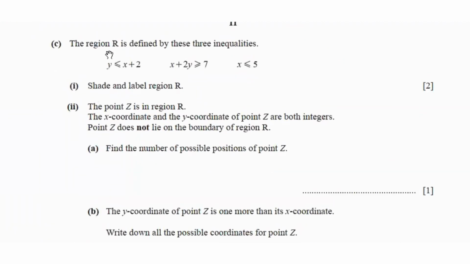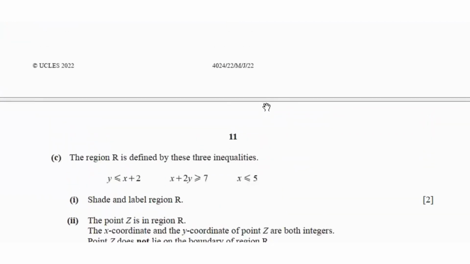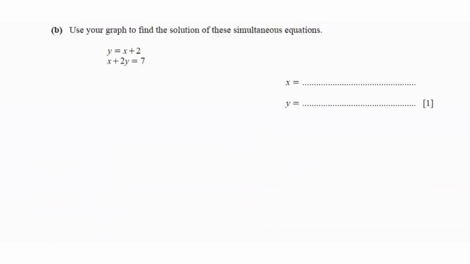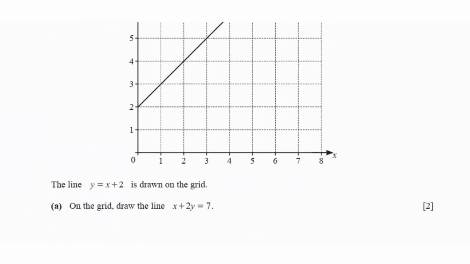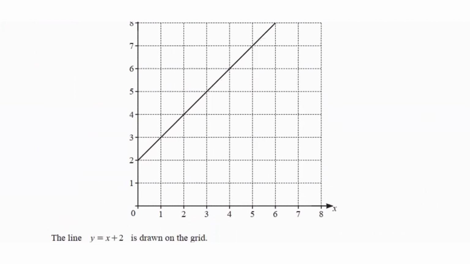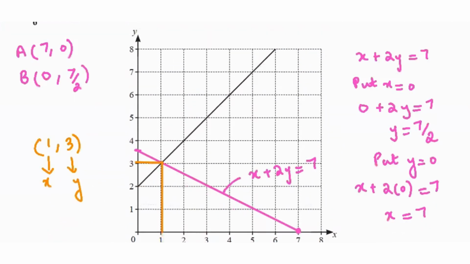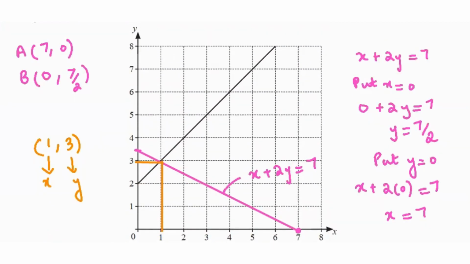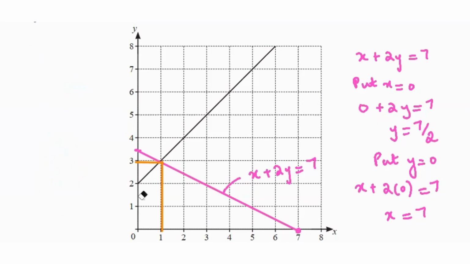Part C says the region R is defined by these three inequalities: y is less than or equal to x plus 2, x plus 2y is greater than or equal to 7, and x is less than or equal to 5. Shade and label region R. So let's go back. I'm just going to remove all of this.